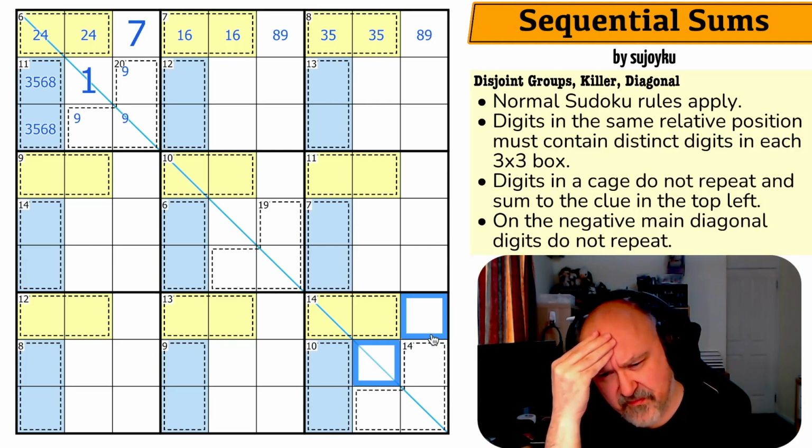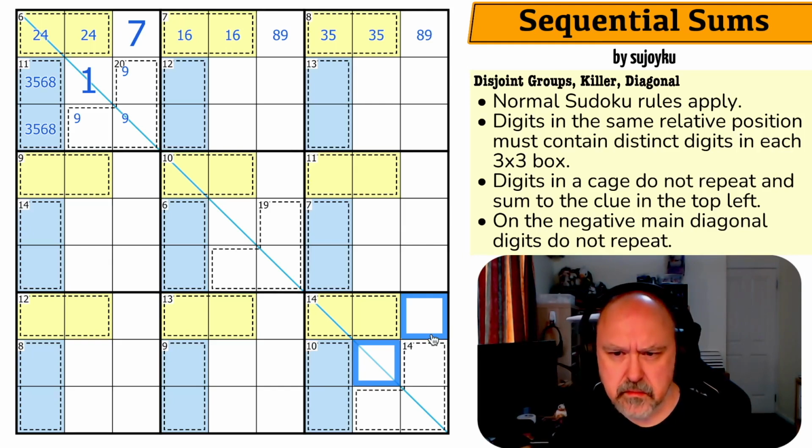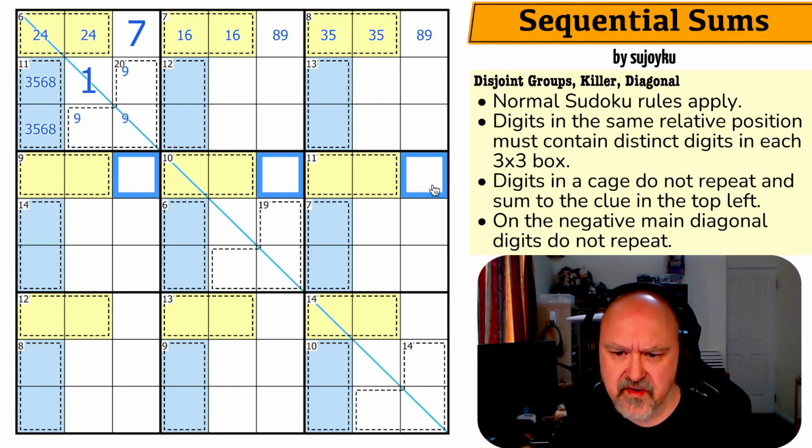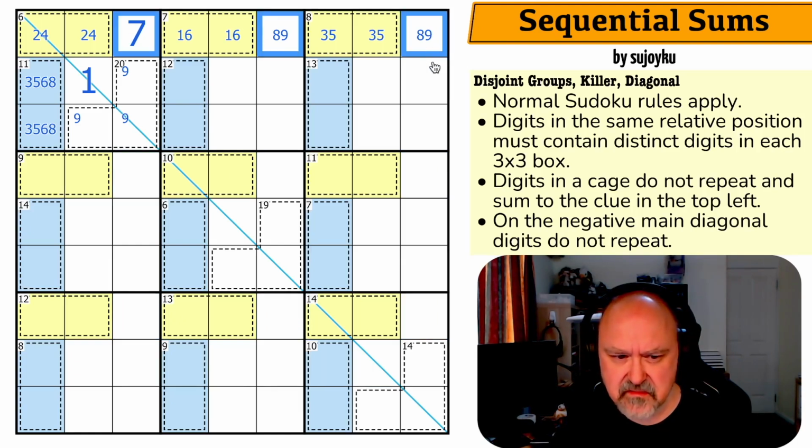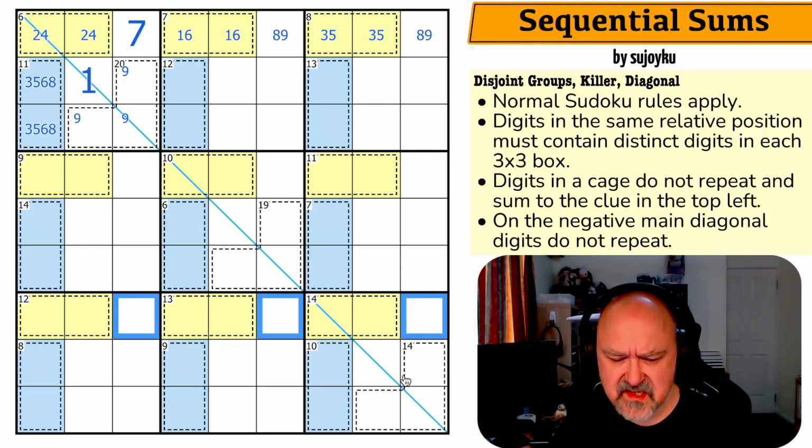Is that the same effect? But these can't be 7, 8 or 9. So these are from 1, 2, 3, 4, 5, 6. All of those are from 1, 2, 3, 4, 5, 6 because 7, 8, 9 are taken in those cells.